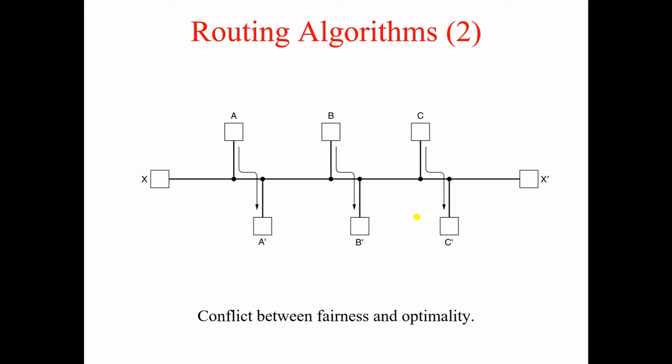So this diagram shows the conflict between fairness and optimality. If we talk about any stable algorithm, it reaches equilibrium and stays there. So there are two parameters, fairness and optimality.